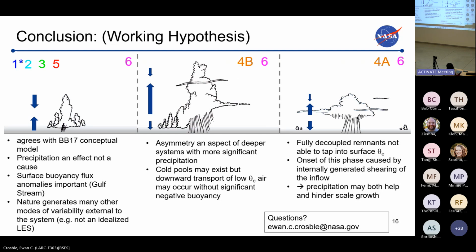Yeah, so one of the things we're trying to do is take our region and the environmental conditions and relate it to this Bretherton and Blossey modeling paper, which had an inversion. It was basically a boundary layer paper.